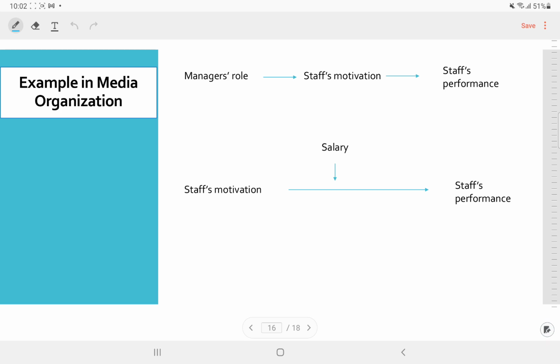But before that, I'll give you a few minutes to try to understand these examples. Which one belongs to the intervening and moderating variable between these two examples? You can also check the definitions first. What is intervening and what is moderating?